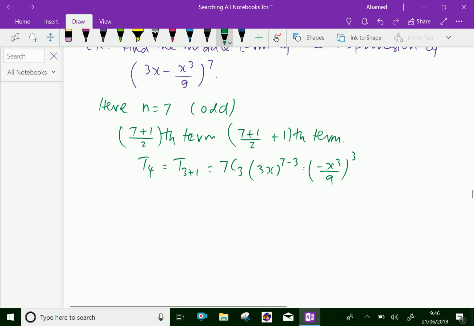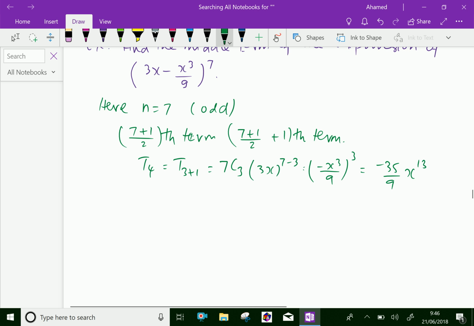After the final calculation, it will give minus 35 over 9 x power 13, because 7 minus 3 is 4, plus x power 9 is x power 13. This is the first of the middle terms.